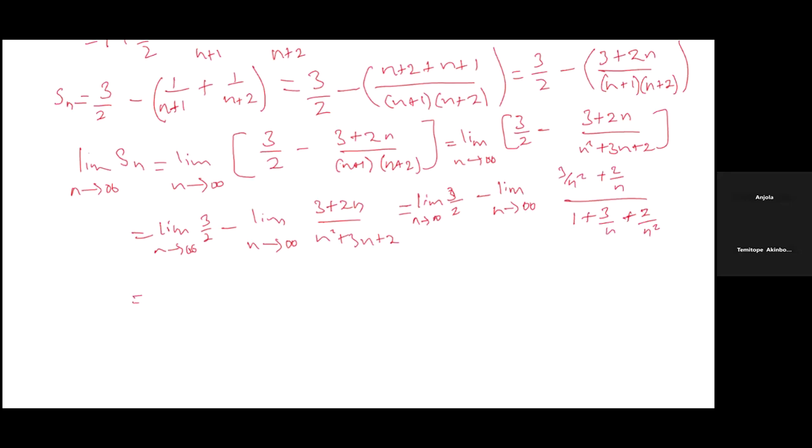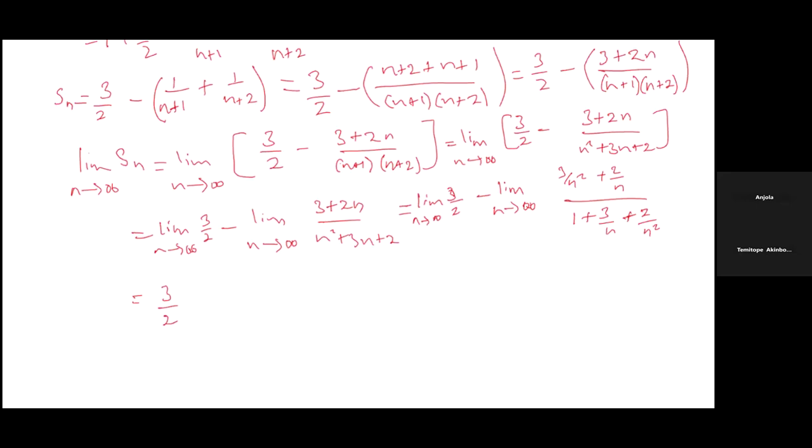Now, let's evaluate. The limit of a constant is the constant. There's no n in 3 over 2 that we want to substitute for, so it will be 3 over 2. Then substitute infinity for n here. 3 over infinity squared is 3 divided by infinity, which is 0. Understood?